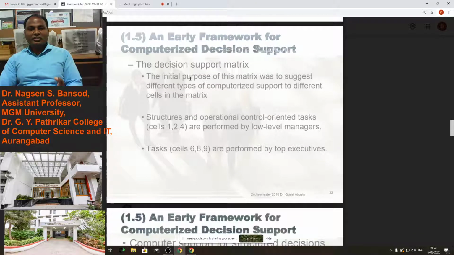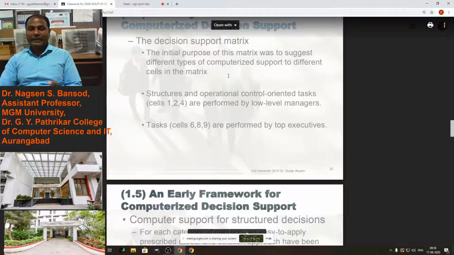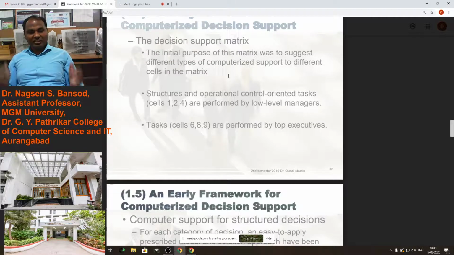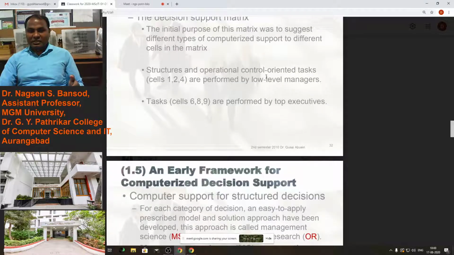The decision support matrix. The initial purpose of this matrix was to suggest different types of computerized support to different cells in a matrix. The structured and operational control oriented tasks, cells 1 to 4, are performed by low-level managers, and cells 6, 8, 9 are performed by the executive.